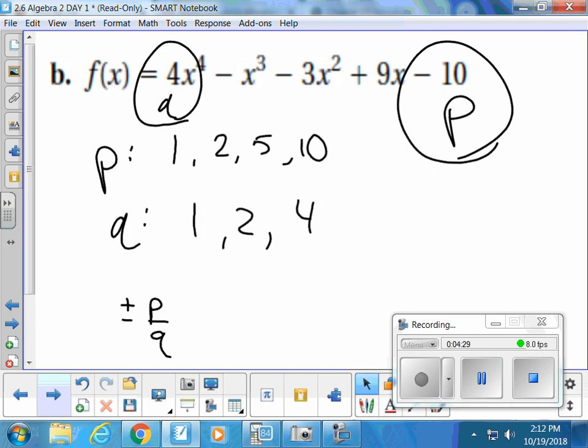All right, does anybody think they can make that list of all the plus or minus P over Q's? You can have a ticket. We want to go try it? Dorian? Did you say 4? I don't think 4 is going to be it. So it's P over Q, P over Q, P over Q, P over Q. Do you know what I mean?